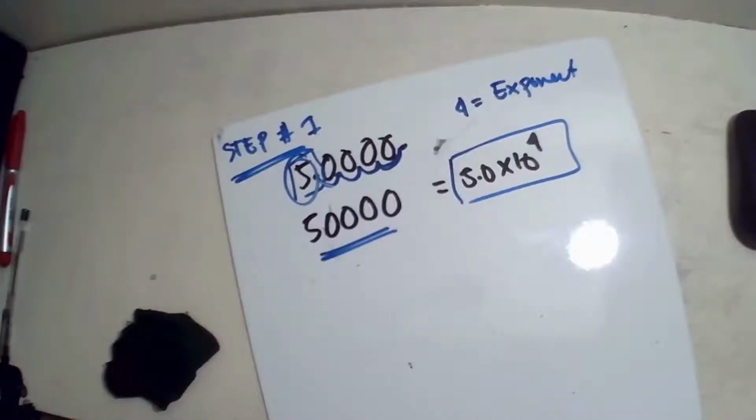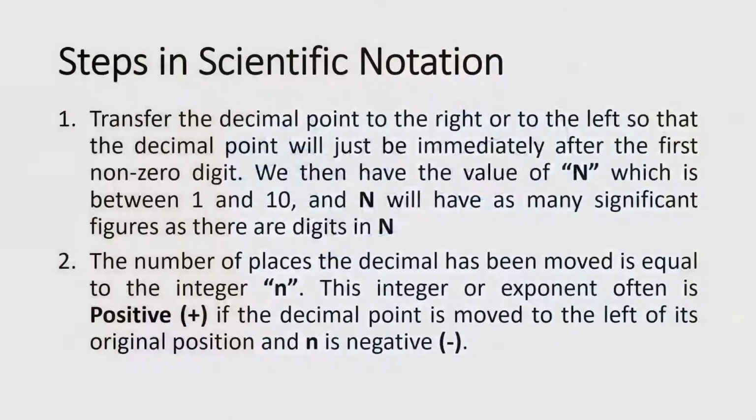Let's go for step number 2. For step number 2, the number of places the decimal has been moved is equal to the integer n. This integer or exponent often is positive if the decimal point is moved to the left of its original position, and n is negative respectively.